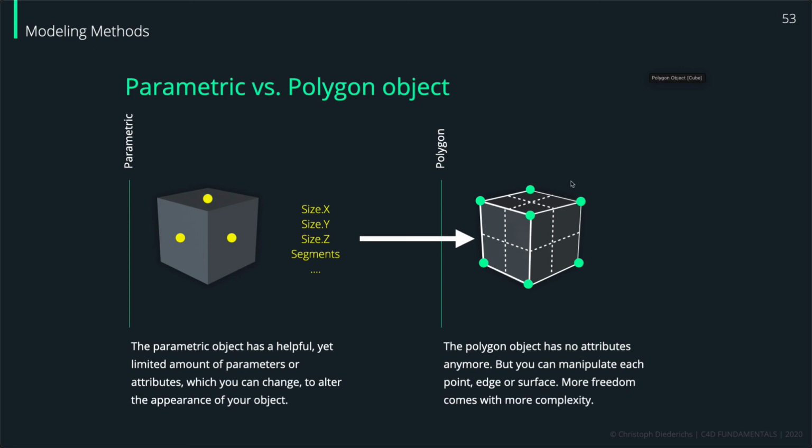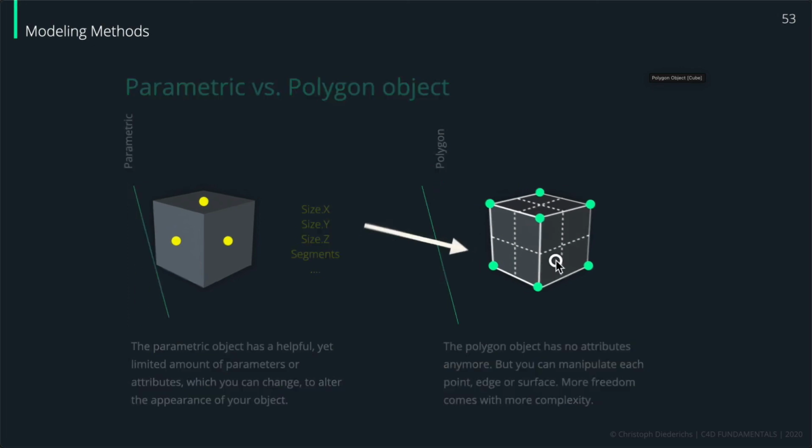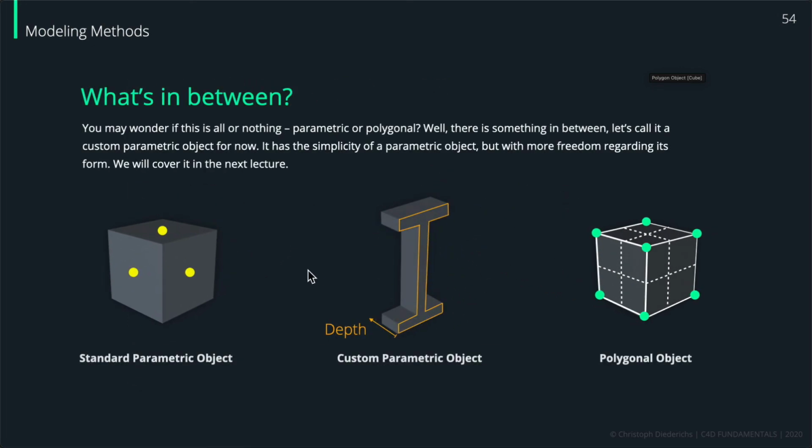The other thing I started to talk about is the thing in between. It seemed a bit far-fetched to go from one simple cube to something more complex, and we actually have different tools to create our own custom parametric objects, which can have much more detailed or complex shapes than the ones we saw in the parametric tab over in Cinema 4D. We will cover this in a later episode.